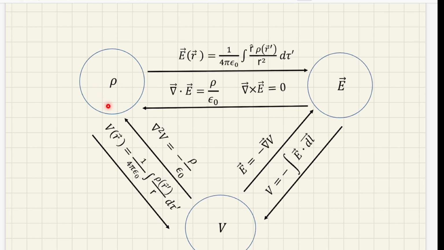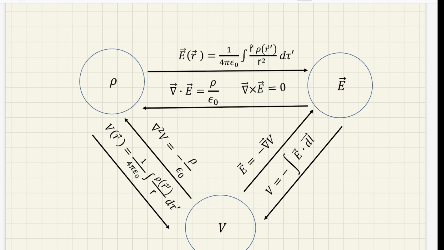It could be discrete charges, line charge, surface charge, or volume charge. I can always express it as a rho. Or from rho I can get V, the potential, and from the potential I can get E. So essentially I should be able to convert from rho to V, V to E, E to rho, and so on and so forth.